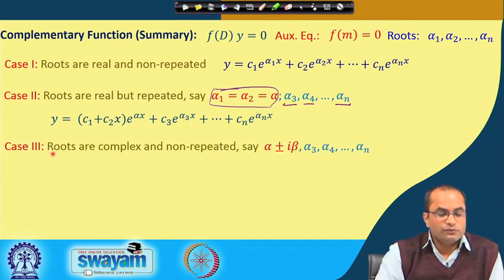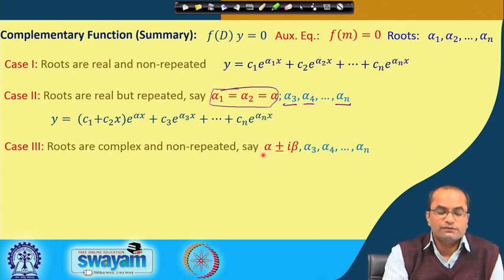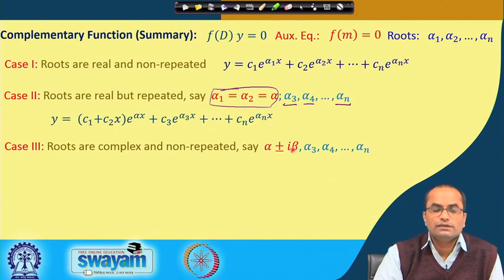Case 3: when roots are complex and non repeated, say alpha plus minus i beta, and all others are real roots, for instance alpha 3, alpha 4 up to alpha n. So, these first two roots are the complex roots alpha plus i beta and alpha minus i beta.